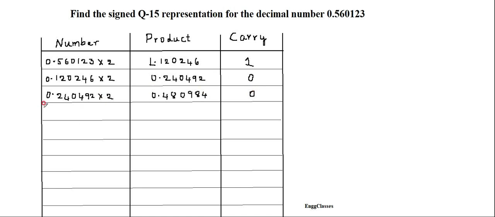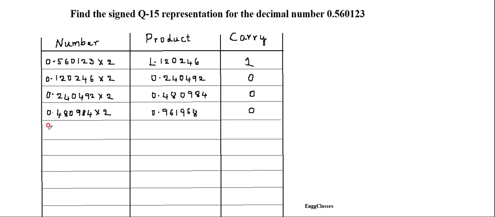Next I'm going to consider the number 0.480984. Let me multiply this number again by 2, and that leads to the answer of 0.961968. And what is the carry bit? The carry bit is going to be 0.